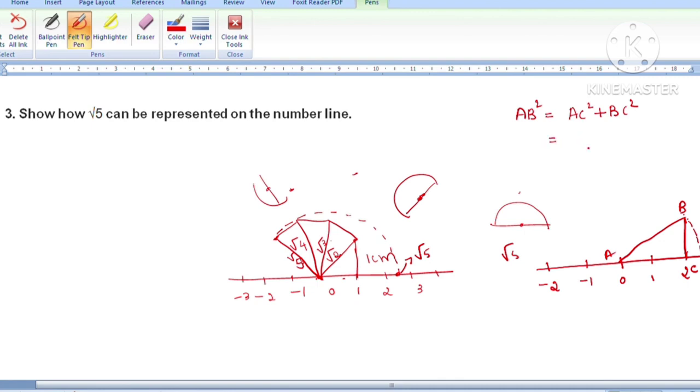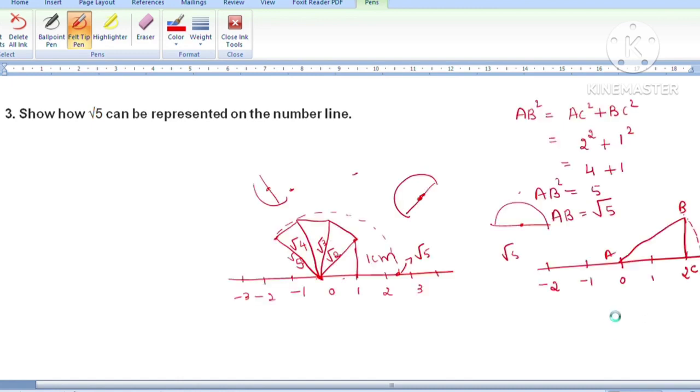What is AC square? AC is 2 here, so 2 square plus BC. BC is 1 centimeter. So 2 square is 4 and 1 square is 1. The answer is 5. So AB square is 5. When you take the square root of 5, we get AB. So AB here is root 5.